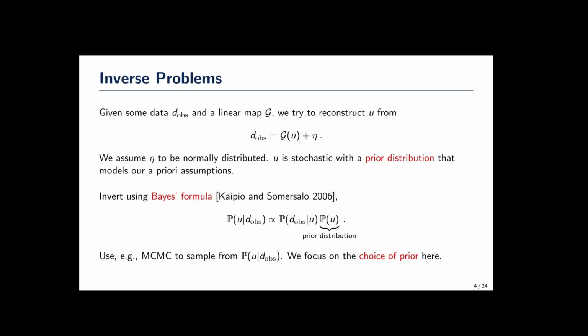So as our application was spatial, one very common prior distribution to use in that setting is the so-called Gaussian process.